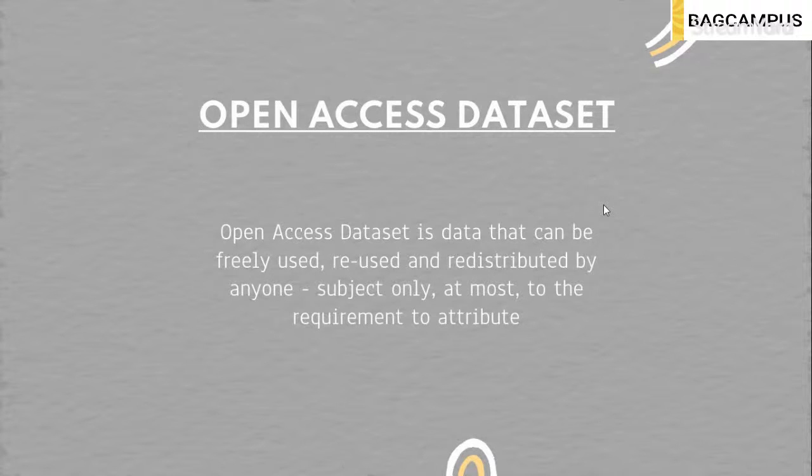We learned that an open access dataset is data that can be freely used, reused, and redistributed by anyone, subject only, at most, to the requirement to attribute. We also took a tour of Google Dataset Search and Kaggle, and we came to know what UCI ML repos are, and we also discussed what visual data is.